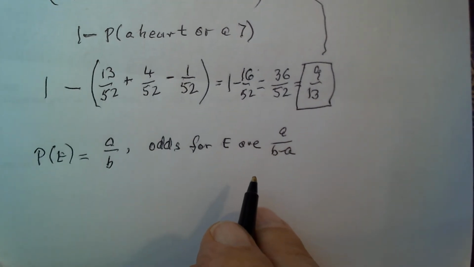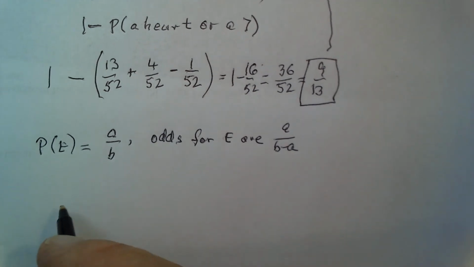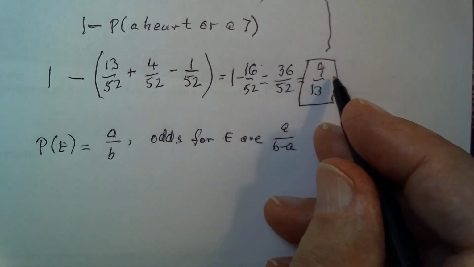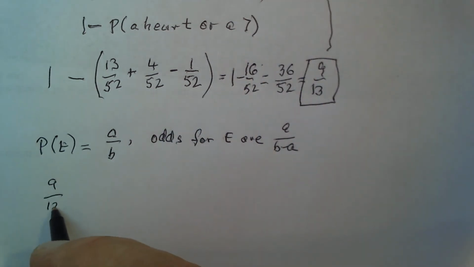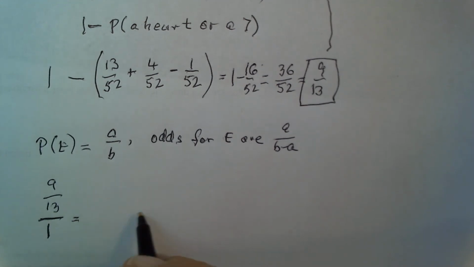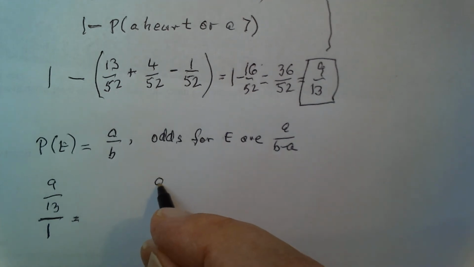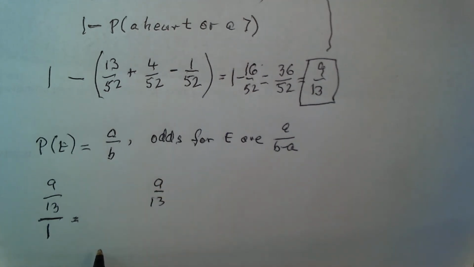So in this particular example, we have our A, of course, the probability of the event we are looking for is 9 divided by 13, divided by B, which would be 1. So that then the odds from this would be 9 divided by 13 divided by 1 minus 9 divided by 13.